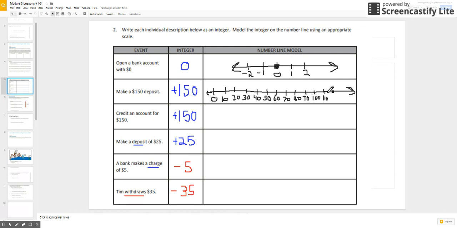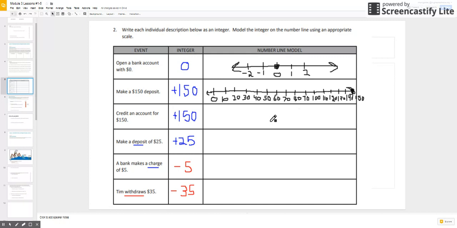Oops, I didn't put the 1 there. This is 120. 130. 140. And we're going to go ahead and squeeze in the 150 right here. 150. All right, so of course the 150 is this mark right here. I didn't really finish it very nicely, but there you go.